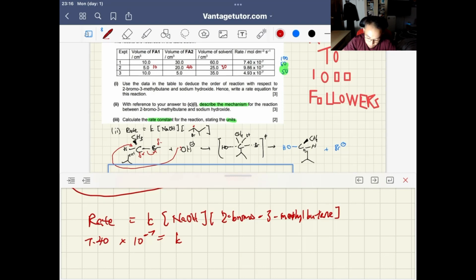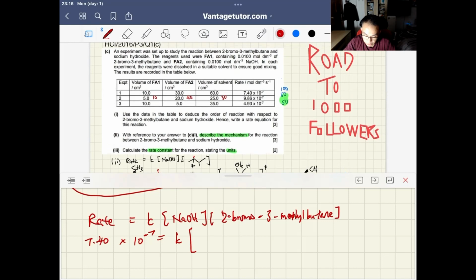So this is going to be k. Okay, firstly, I can first find the mole of NaOH. So NaOH in my first case is just 10 divided by 1000 times 0.01, divided by my total volume, which is 100 divided by 1000.